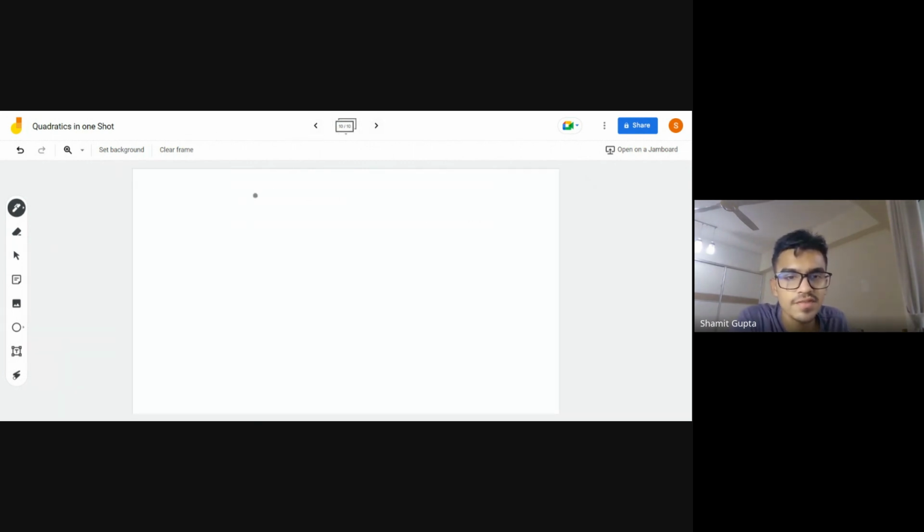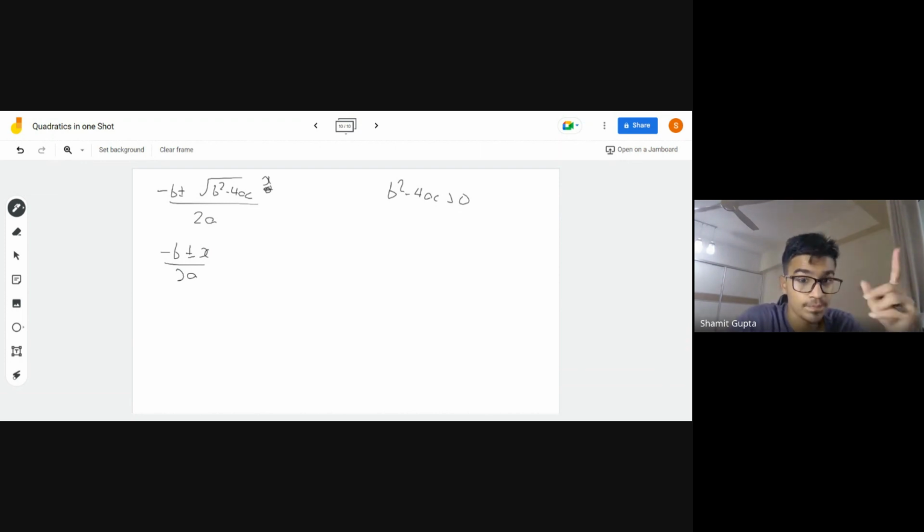Now, there's one more case where b squared minus 4ac is positive. So it'll be negative b plus or minus the root of b squared minus 4ac, over 2a. If this is positive, let's say it's some positive value x, it becomes negative b plus or minus x over 2a, where x is a number we know. It could be positive 5, 10, 15, positive only, because it's the square root of something positive.